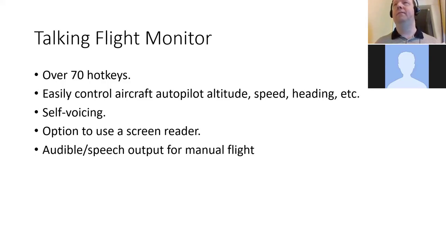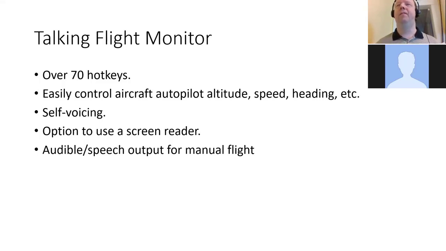They're consistent. For example, TFM has two different main hotkeys. One is left TFM, which is the autopilot features. The right side is the main panels or the main instruments that you would access, like altitude, speed, heading.